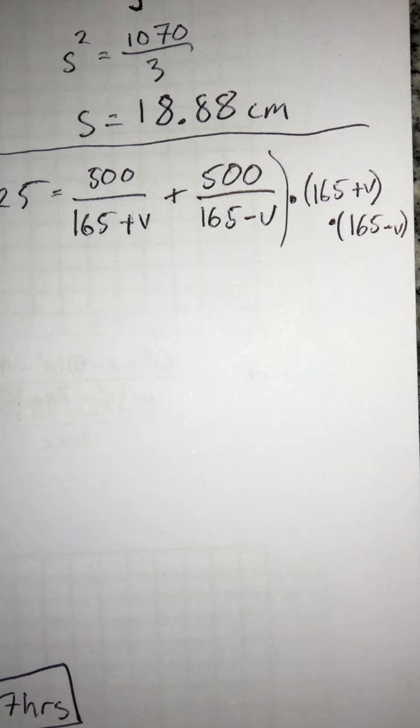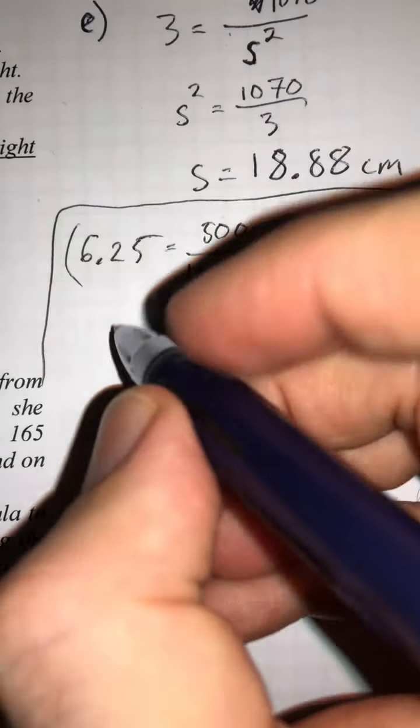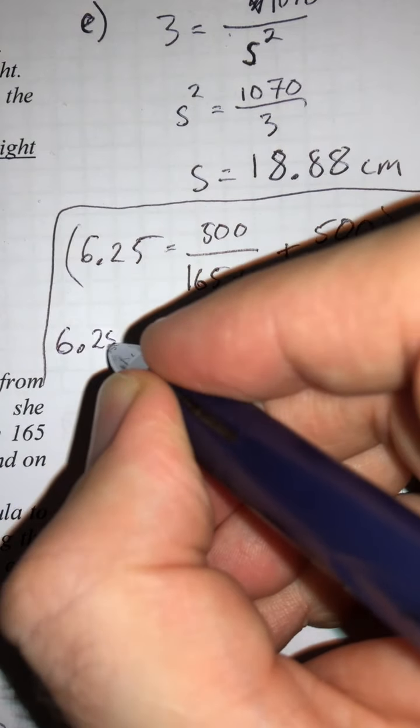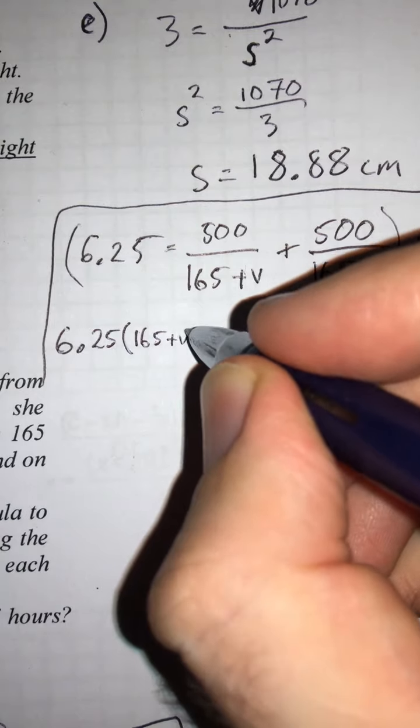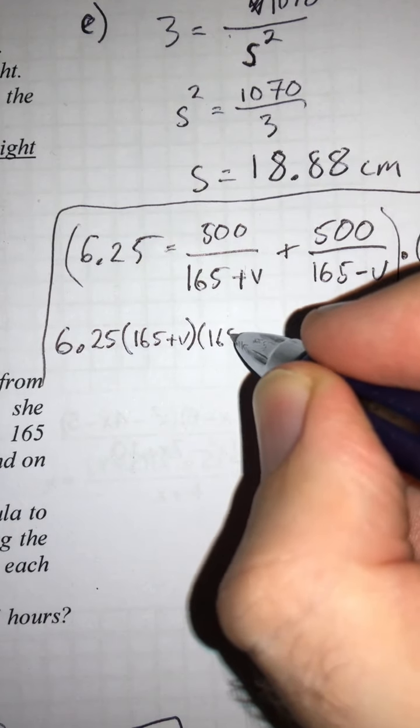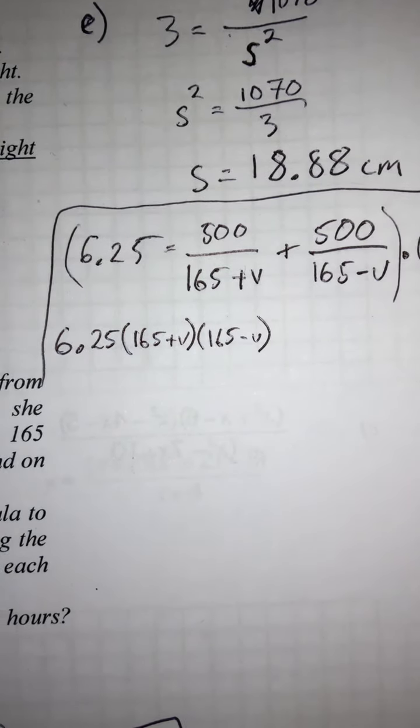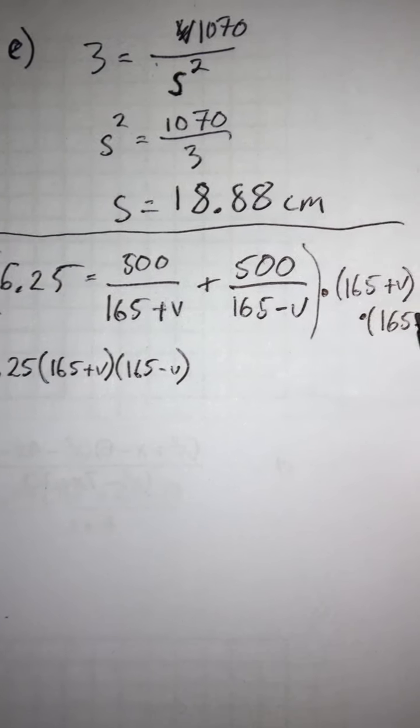What I'm going to be left with on the left-hand side is 6.25 times 165 plus V, 165 minus V. Again, we multiplied both sides by both of these brackets.